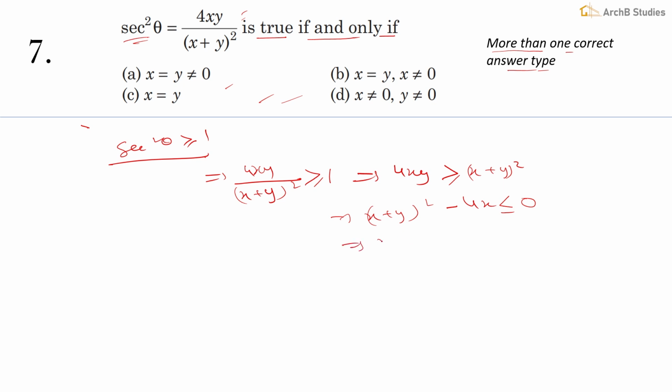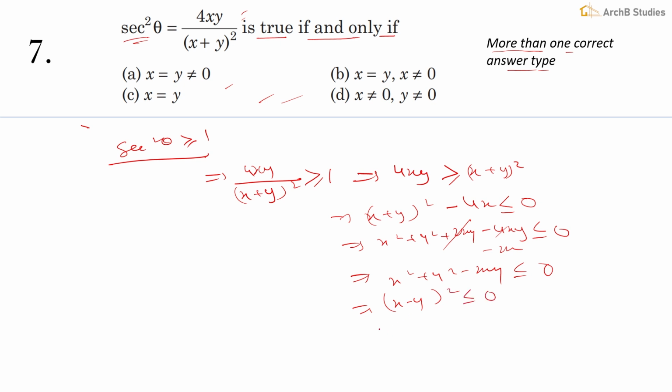Now simplify this: x square plus y square plus 2xy minus 4xy less than or equal to 0. So this will be minus 2xy. x square plus y square minus 2xy less than or equal to 0. This will be x minus y whole square less than or equal to 0. This gives us x equal to y. So x plus y will be 2x. Okay, but this cannot be 0.